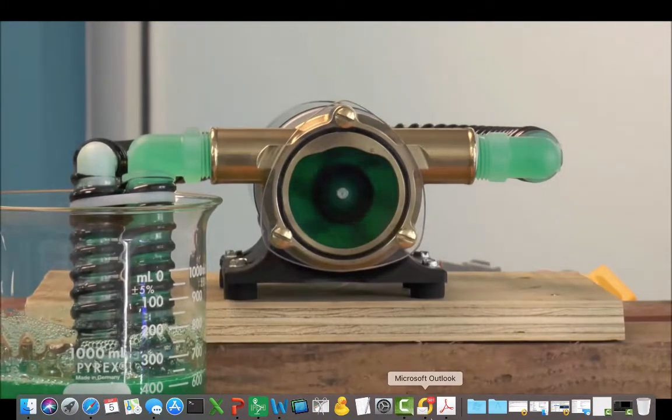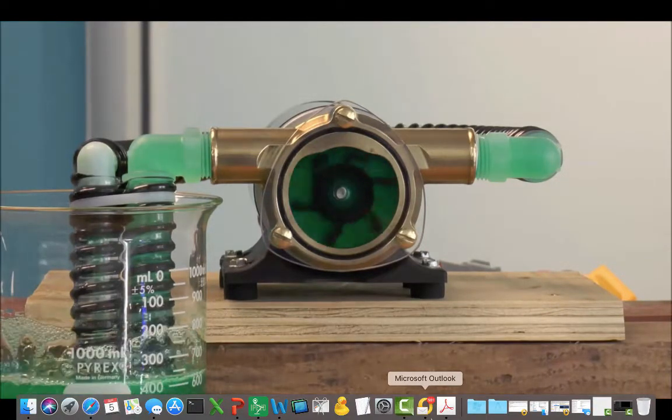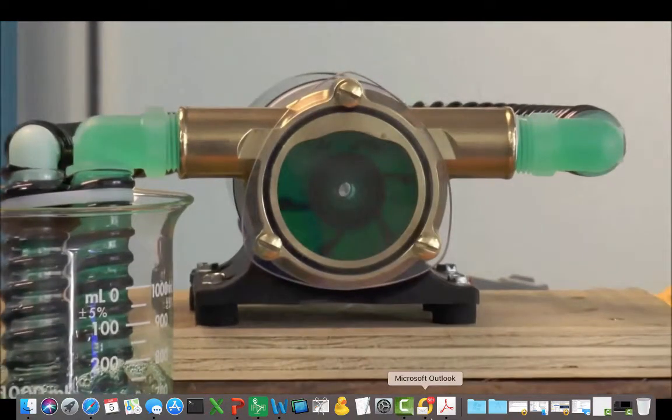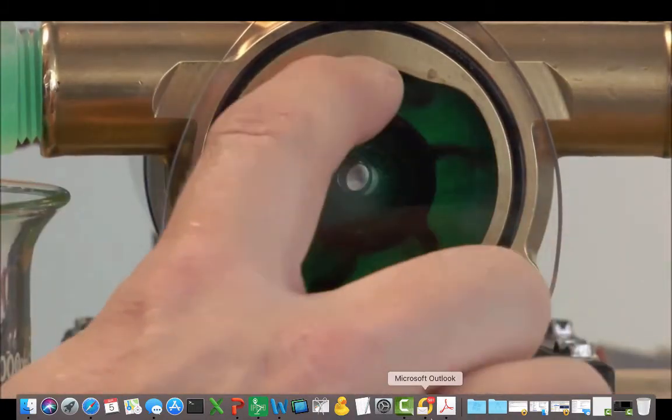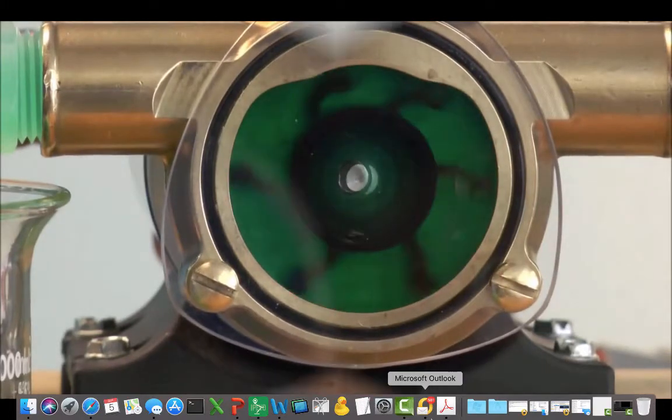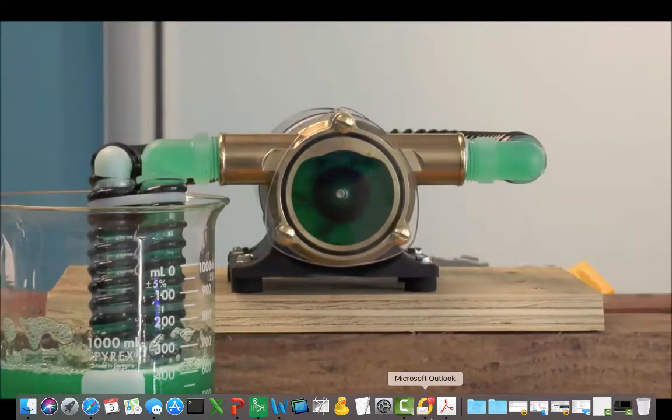See if I can slow it down a little bit. How's that? There again. It's coming in, down and around. That cam squeezing those vanes over, pushing the fluid right out. Now check this out. This is the pump running at 2.5 volts.